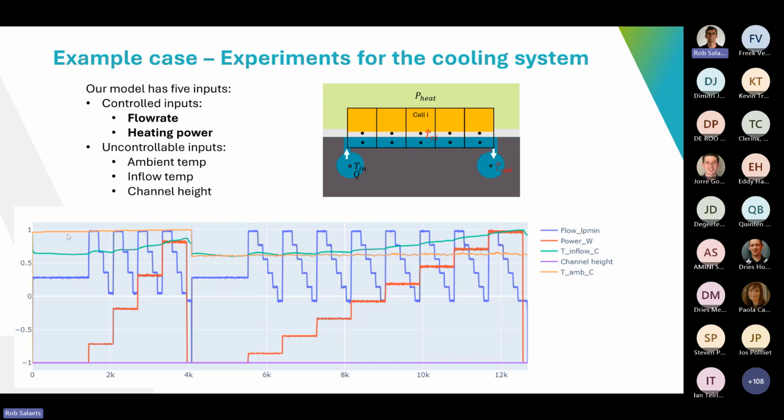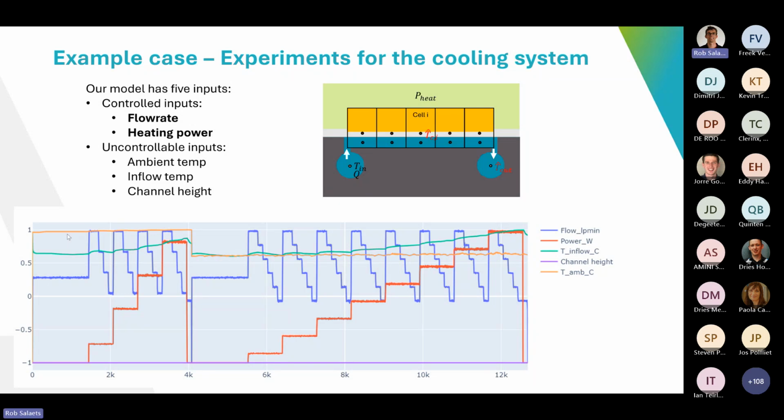And for this, I will come back again to this power electronics cooling case. So a reminder, we are trying to estimate the temperature at 5 points along the channel. And we have two controlled inputs, the flow rate and the heating power.